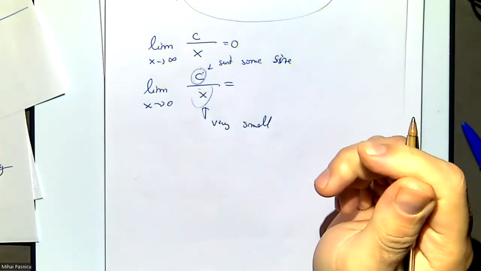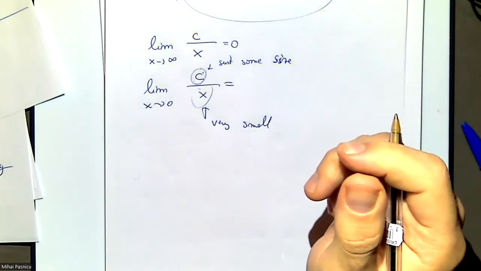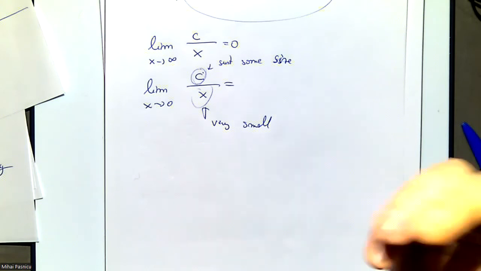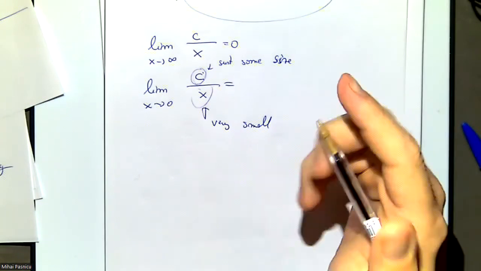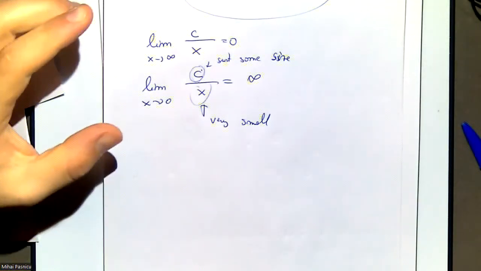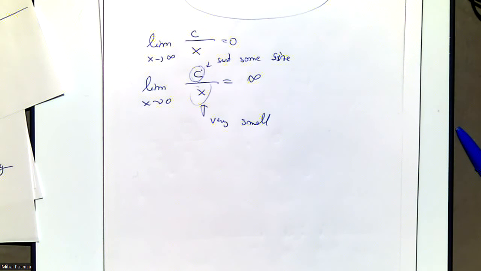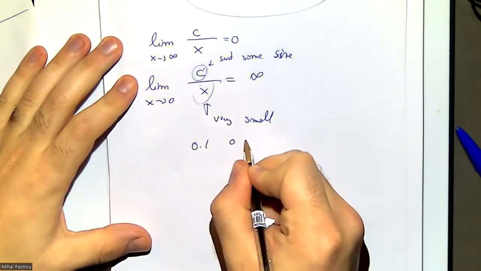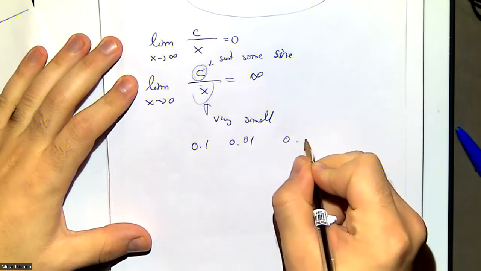So again, think of it, you have your cake, and you're splitting it into the smallest pieces you've ever imagined. How many pieces are you going to get? You're going to get a lot of pieces. Okay, so I'm saying this goes to infinity. Now, the logic that I used up to this point makes sense again, because I can just choose my x close to 0 and take these values 0.1, 0.01, 0.0001.